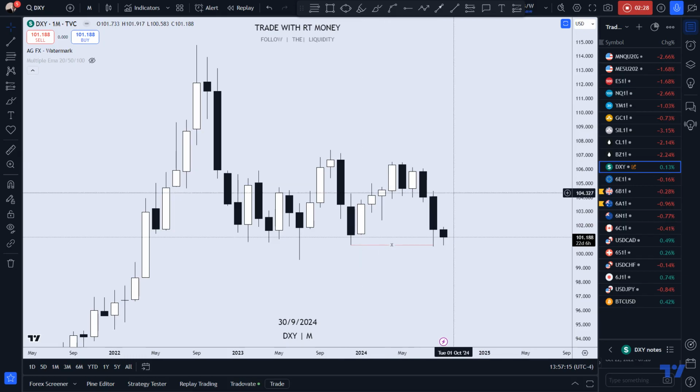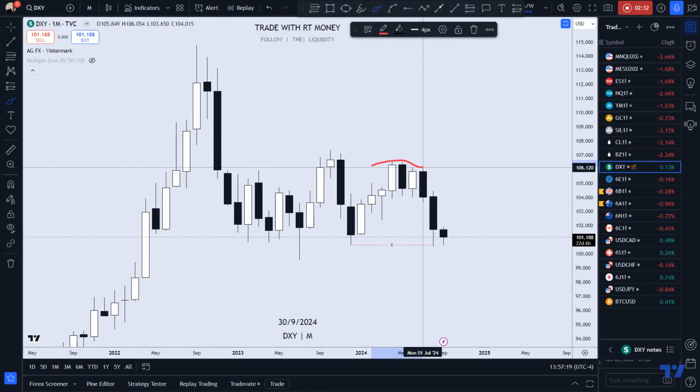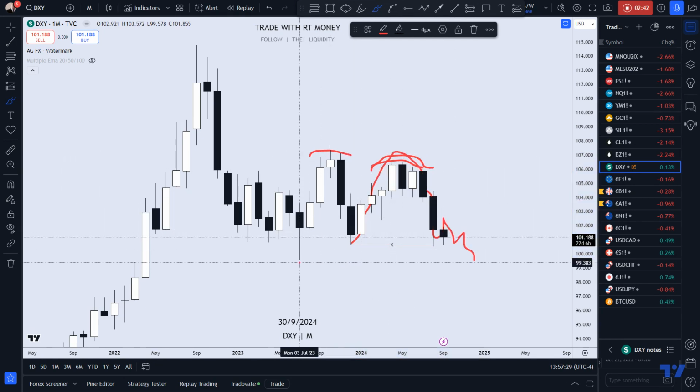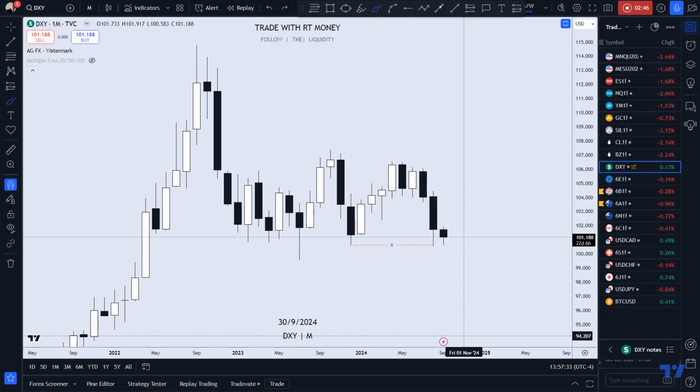But the fact that this high didn't take this high out, for me, this represents a swing failure, and that eventually price is going to take out this low. That's my longer range forecast.